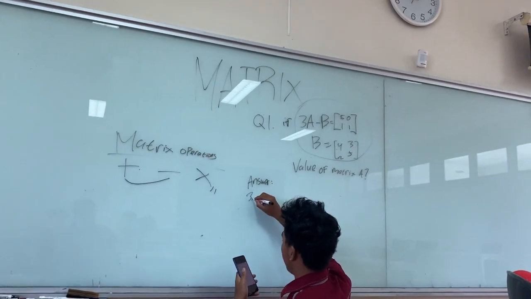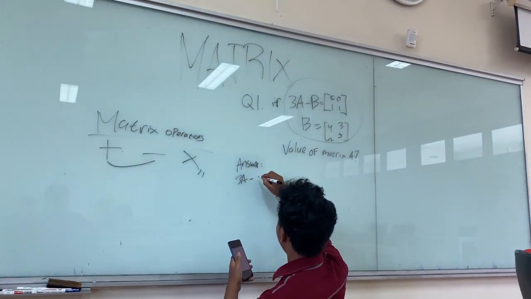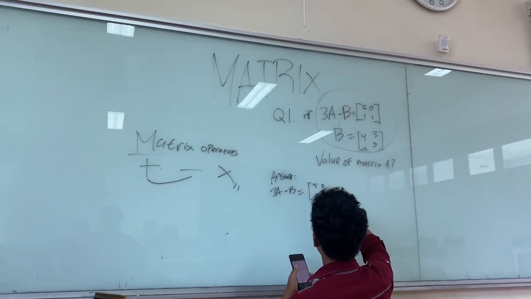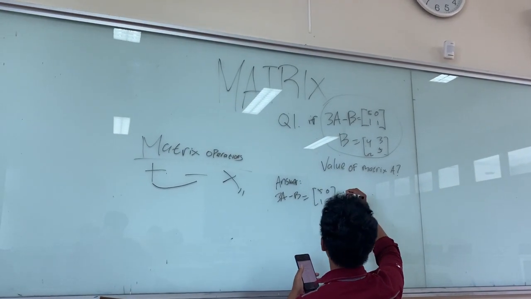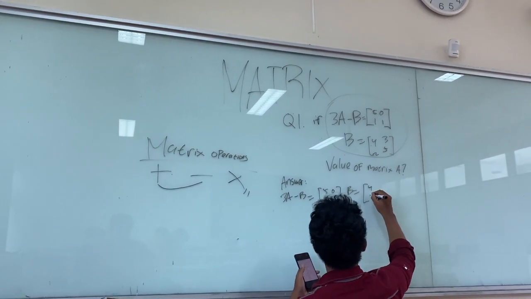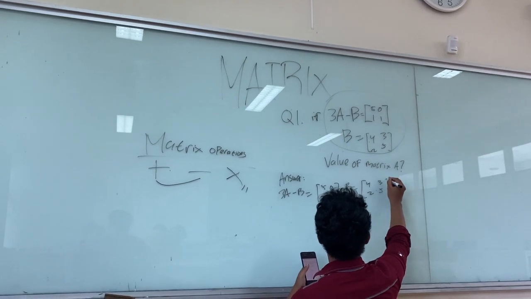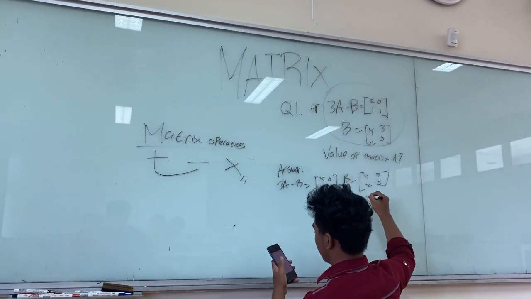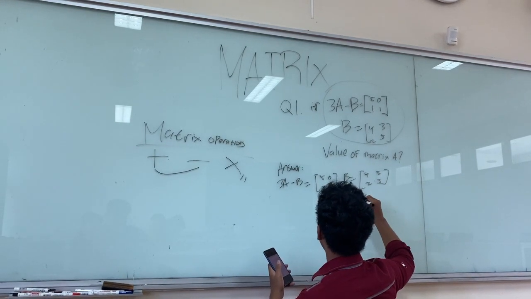So 3A minus B, and B, so we're gonna change this into this.